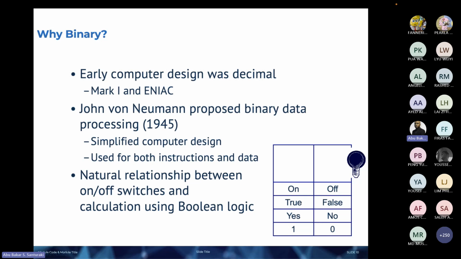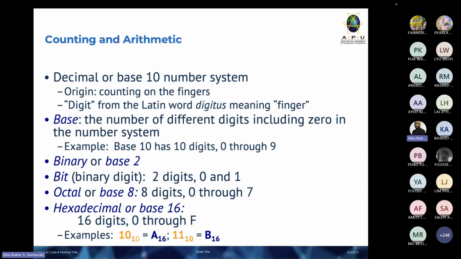Because binary digital signals are the simplest notation. Why use digital? Because it's simple. Why use binary digital? Because it's the simplest of the digital representations. It's either an on or an off, so computers can work very well with this type of information.